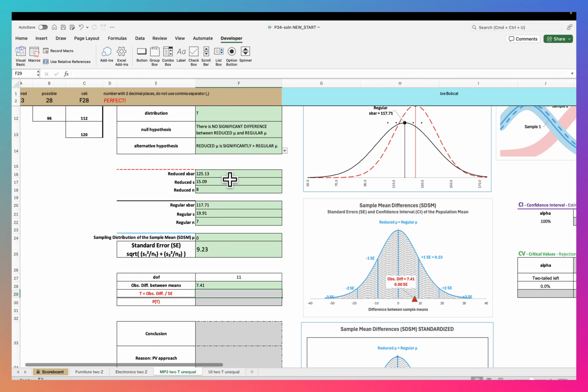Here we've got our expected variability of 9.23. Our observed difference is less than that, so this is, in all likelihood, going to be a fail to reject. You can see that here. This is where we're at with the difference, which is right here in the tall part of the curve. We're not out here in a tail.